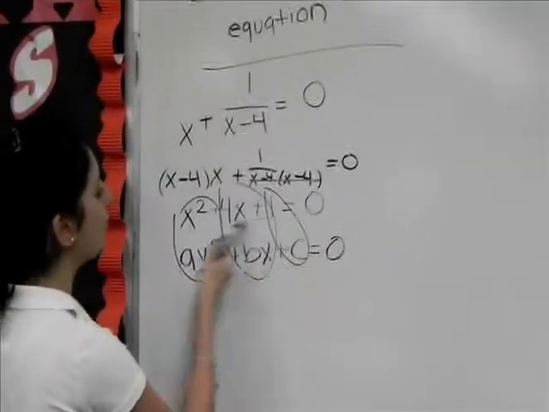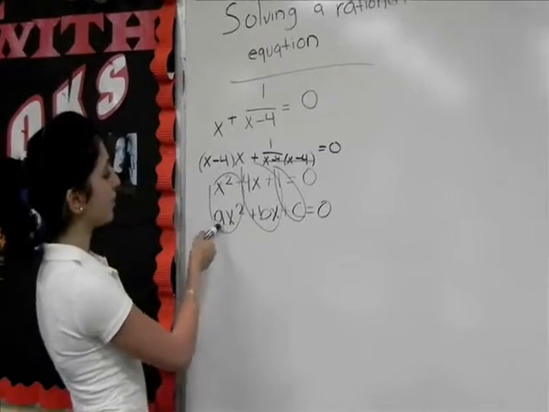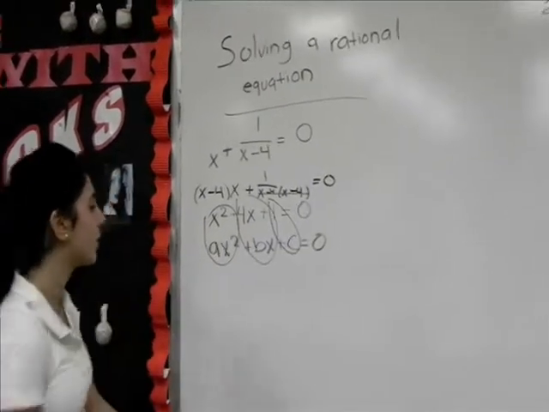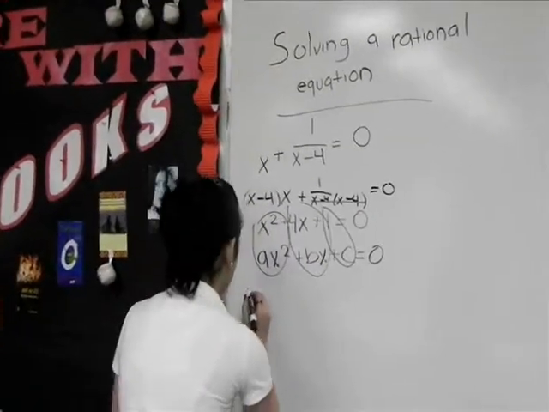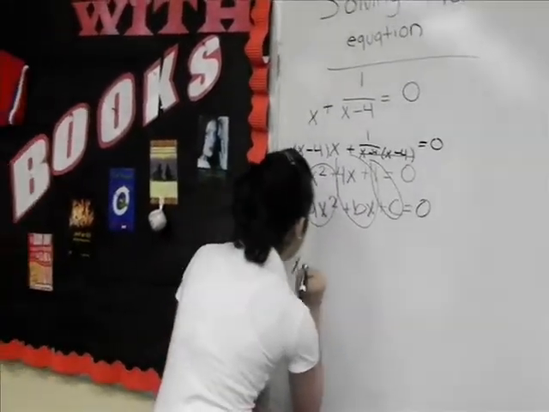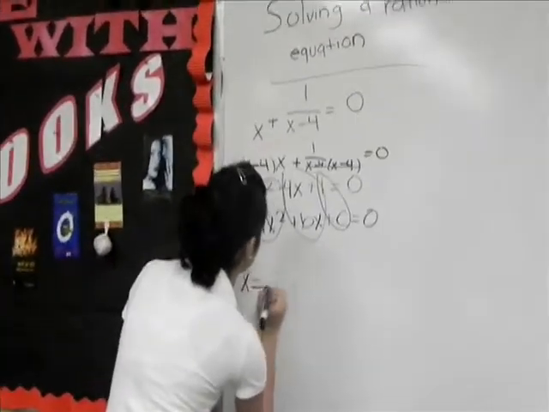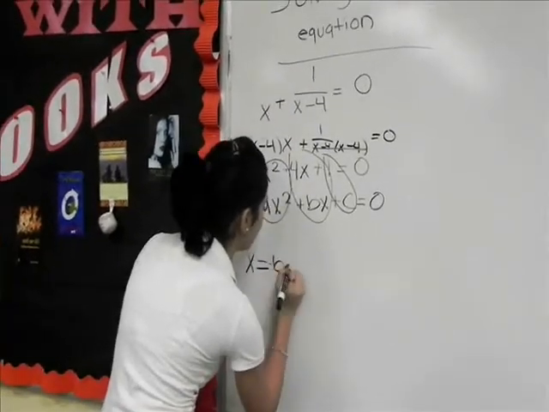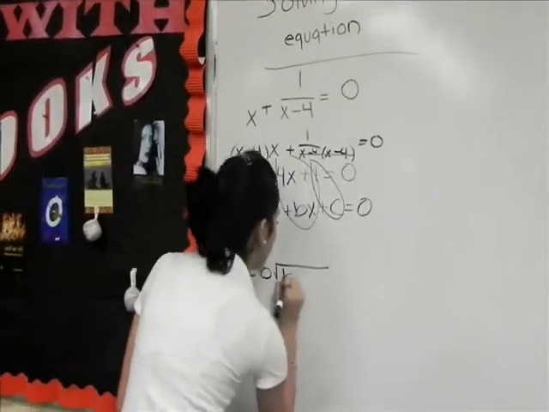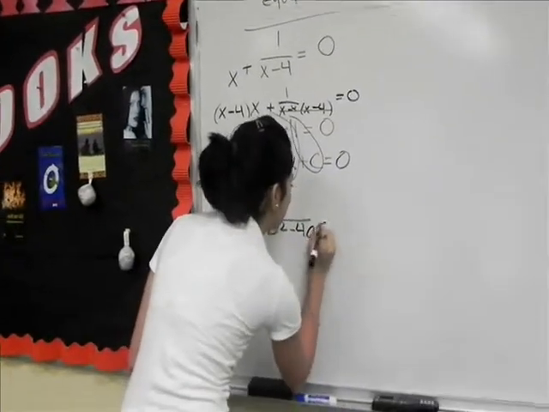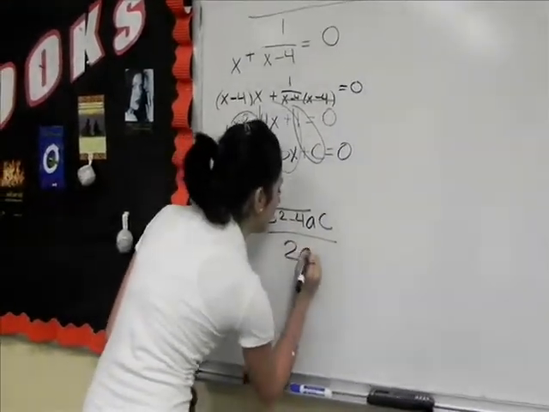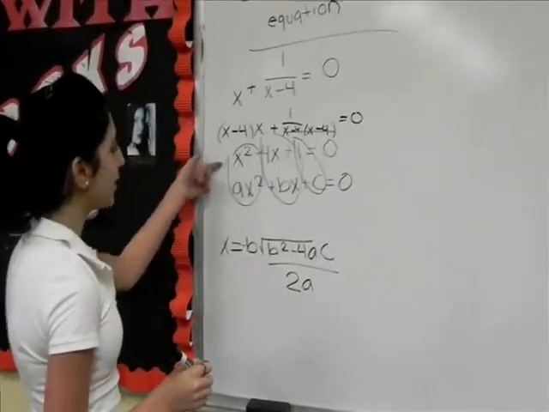So now to solve this, since this is in quadratic form, you use the quadratic formula, which is x equals -b plus or minus the square root of b squared minus 4ac, over 2a. Then what you do is you just plug in the numbers.